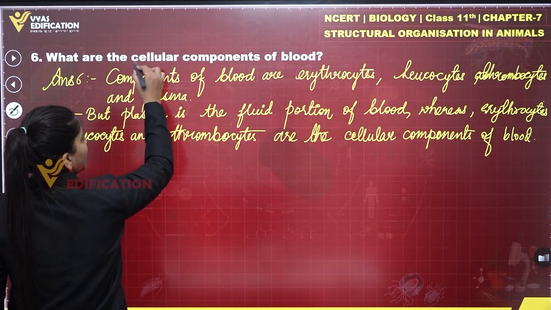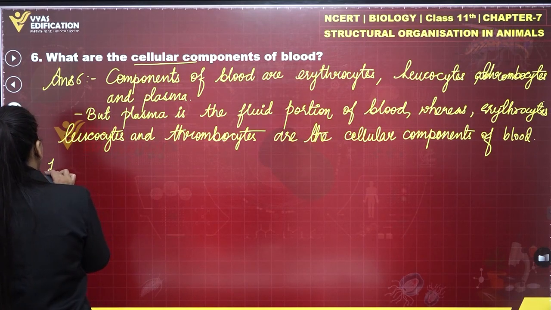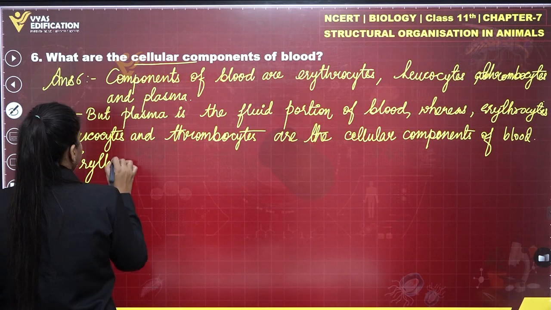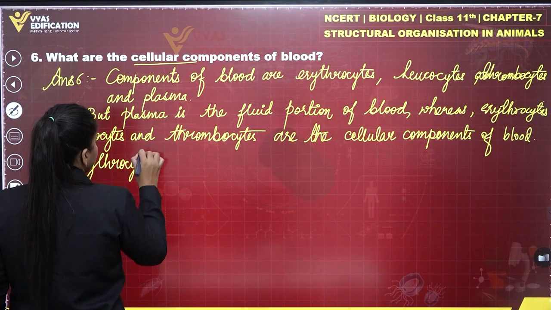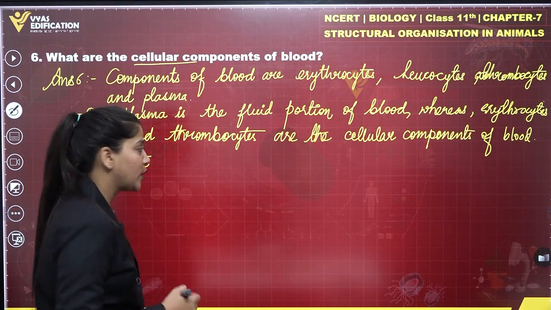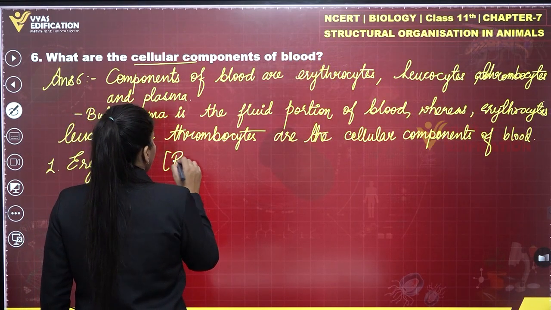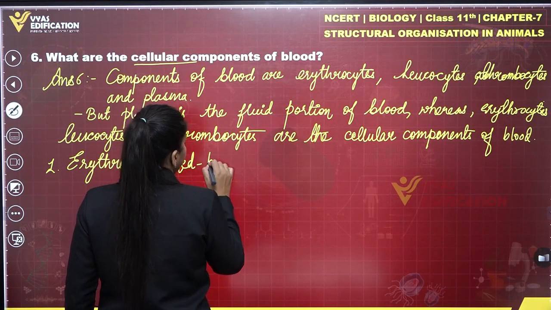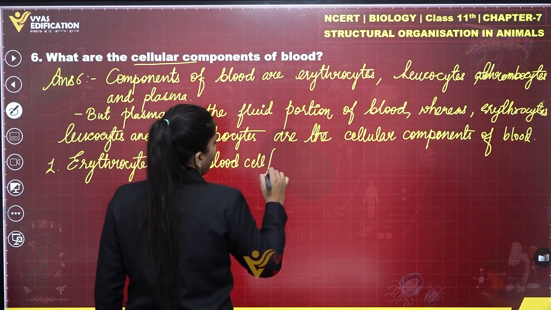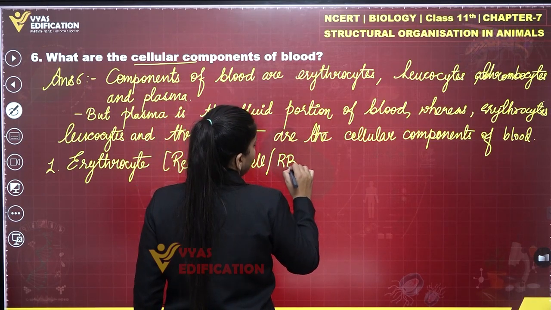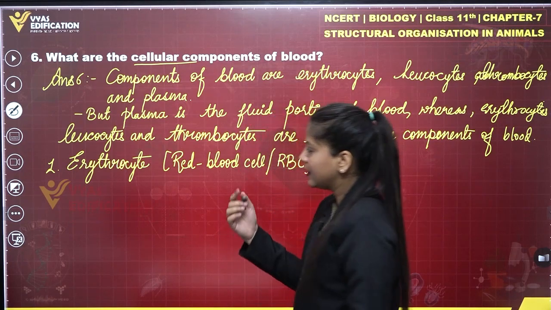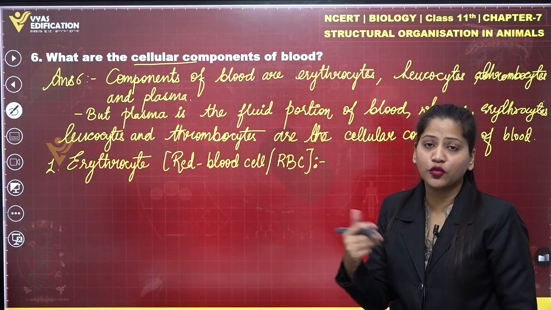Now let's talk about the cellular components of blood. The first one we have is erythrocyte. We can call it red blood cell, or RBC, right? Now what is the function of these erythrocytes?